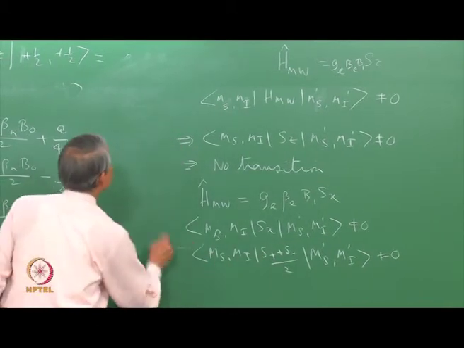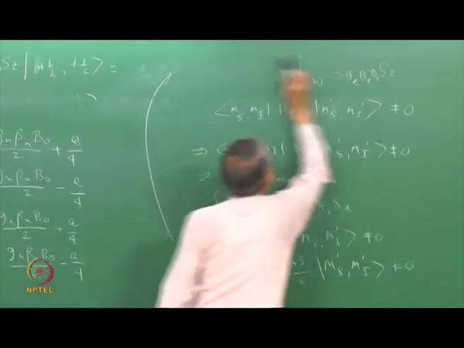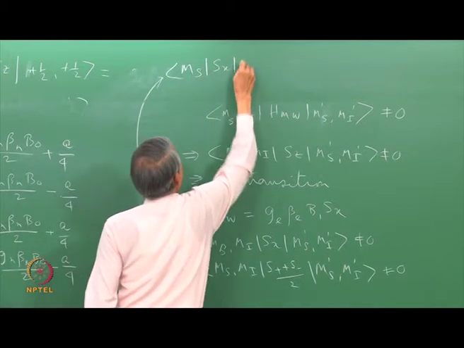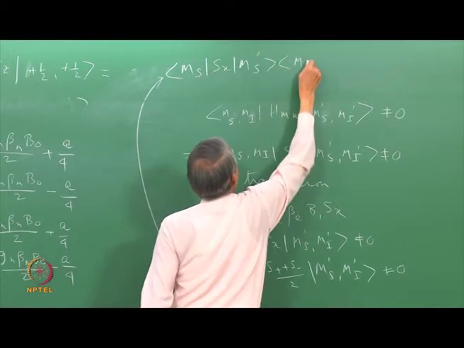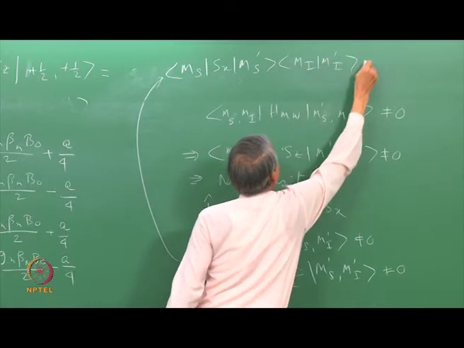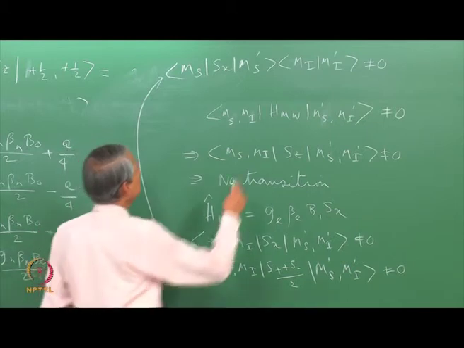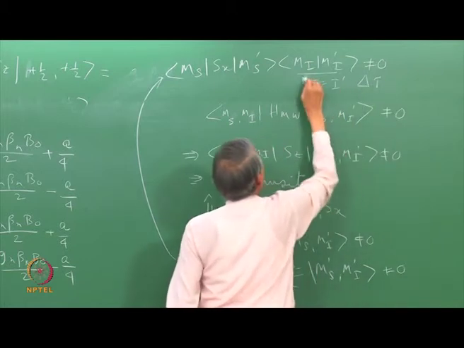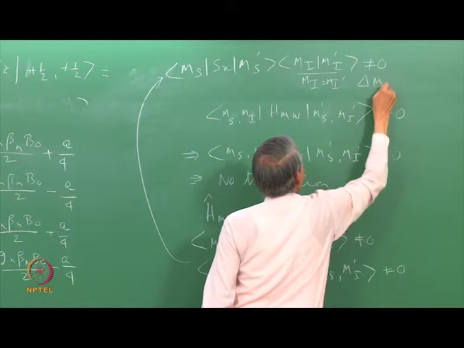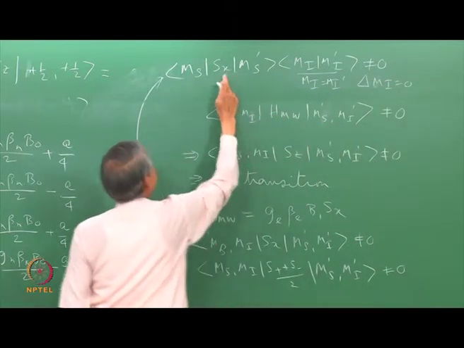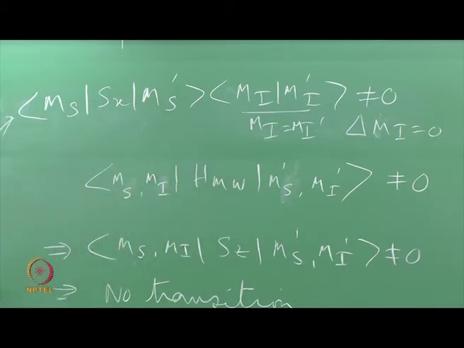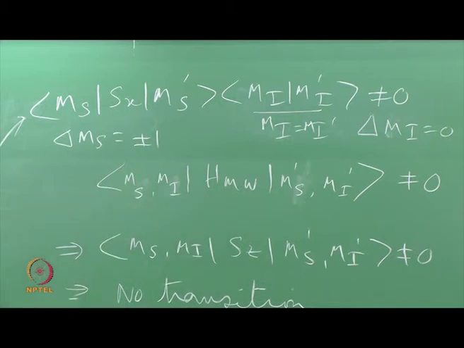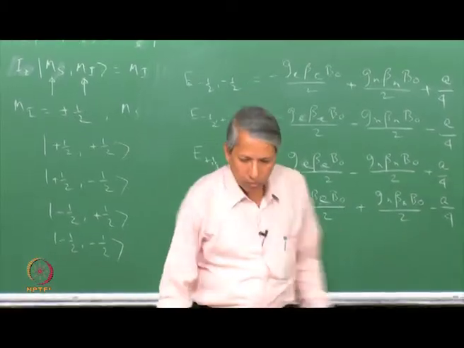So this must be non-zero when I equals I prime, that is M_I equal to M_I prime, or delta M_I is 0, and because S_x can either increase M_S by 1 unit or decrease it by 1 unit, that gives the selection rule delta M_S equal to plus or minus 1.